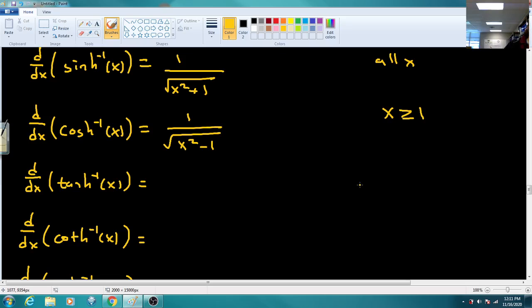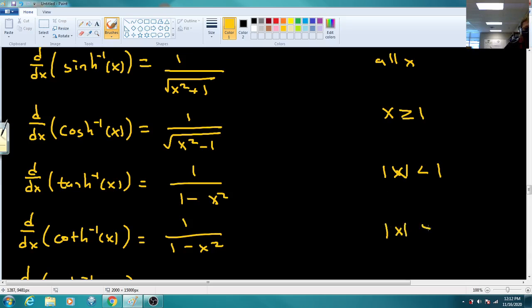For hyperbolic tangent and cotangent, they have the same equation but different domains. It's 1 over 1 minus x squared. The part where inverse hyperbolic tangent exists is when absolute value of x is less than 1. And hyperbolic cotangent is for when absolute value of x is greater than 1.